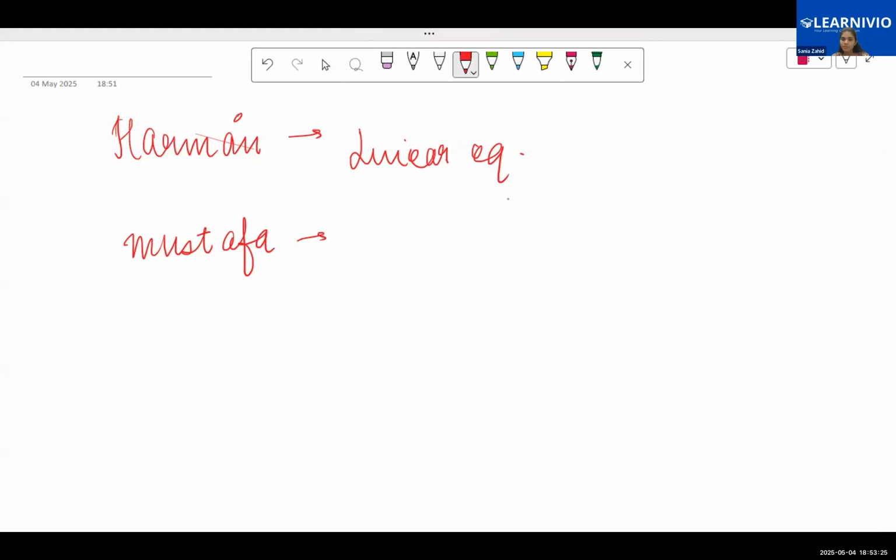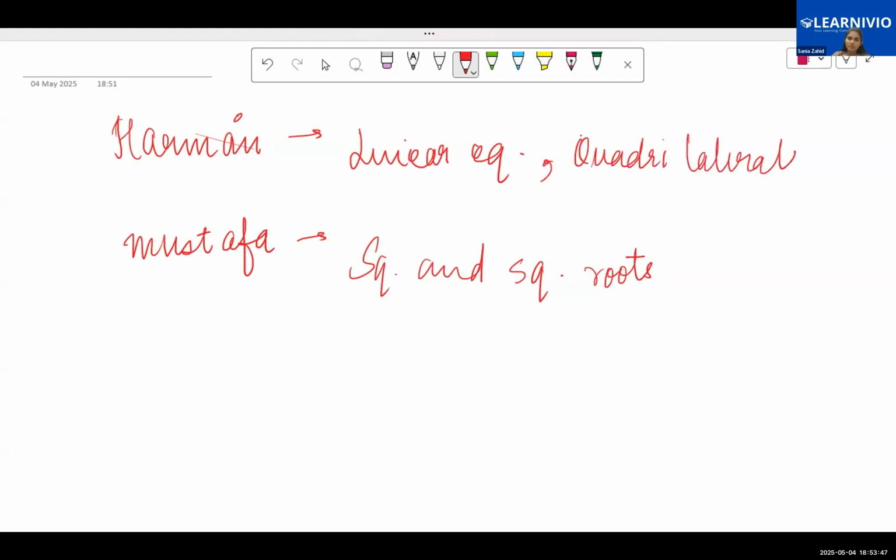What is the current lesson that is being discussed, Mustafa? Ma'am, square and square roots. Okay, you have square and square roots. And Harmeen, what about you? Understanding quadrilaterals. Okay, you have quadrilaterals. We have done linear equations, so we don't have to worry for that.